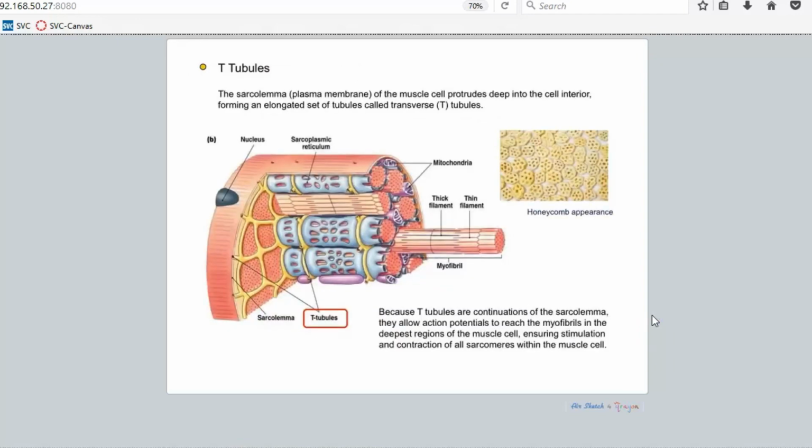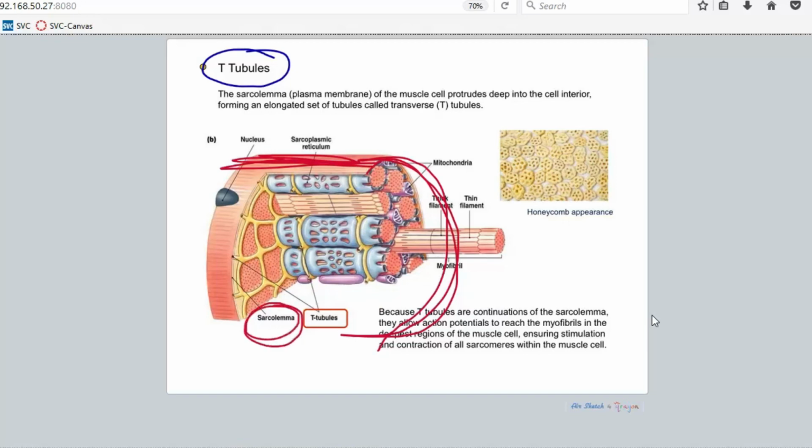And lastly, another structure that we have to know is something called the T-tubule. So again, here's our skeletal muscle cell. And this right here is the plasma membrane of the cell. The plasma membrane of a skeletal muscle cell is called the sarcolemma.